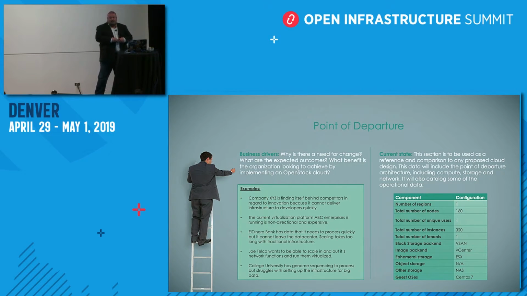Examples here. Company XYZ is finding itself behind competitors in regard to innovation because it cannot deliver infrastructure to developers quickly. A lot of OpenStack was installed because of that, right? We have physical machines. We have VMware that may not be set up with any sort of self-provisioning. So you go into ServiceNow or some IT service catalog, and I need a VM of this size and this much memory and this much vSAN on this network and this network.